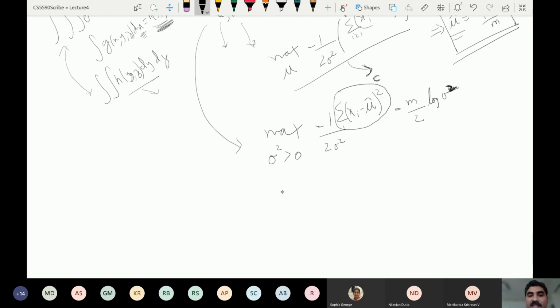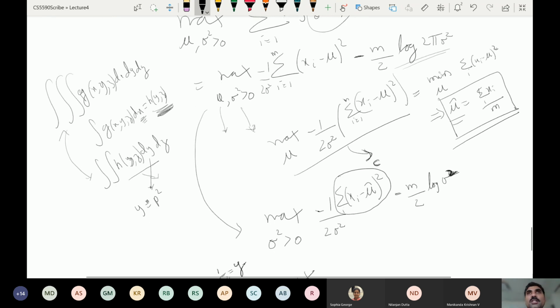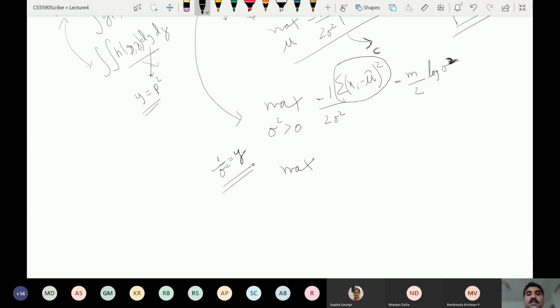So let me rewrite this problem. When you do integration, you do change of variables, right? Sometimes for your convenience, you will say let y be equal to some p square, and then you will do change of variables, right? So similarly, I am doing a change of variables. Instead of calling my variable sigma square, I am calling my variable 1 by sigma square. So what are the constraints?